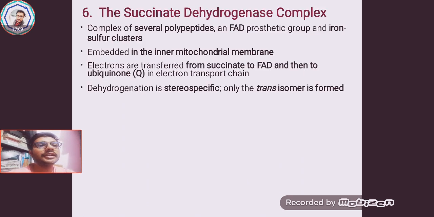The succinate dehydrogenase complex is a complex of several polypeptides, with an FAD prosthetic group and iron-sulfur clusters, embedded in the inner mitochondrial membrane. Electrons are transferred from succinate to FAD and then to ubiquinone in the electron transport chain.